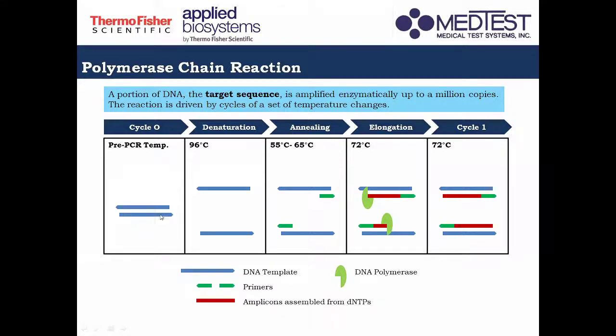Now, what the PCR does is that it targets a certain region of your DNA and then amplifies it or generates a copy. No? And so that at the end of this process, you would end up with two copies. So that's the first cycle of the PCR.